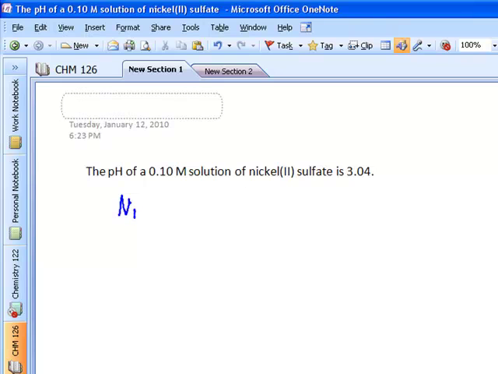What happens is the nickel(II) acts as a Lewis acid toward a water molecule. So instead of abstracting a proton as a base would, it essentially abstracts a hydroxide ion from the water molecule, forming this complex ion, where we have one hydroxide ion bound to the nickel(II) ion.